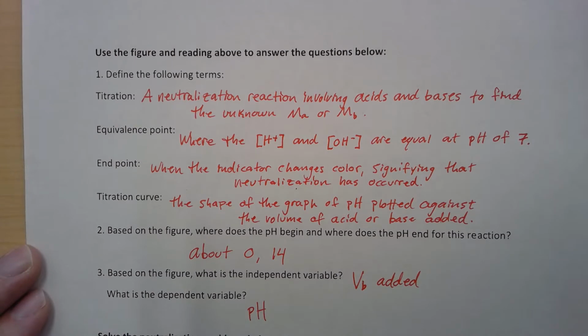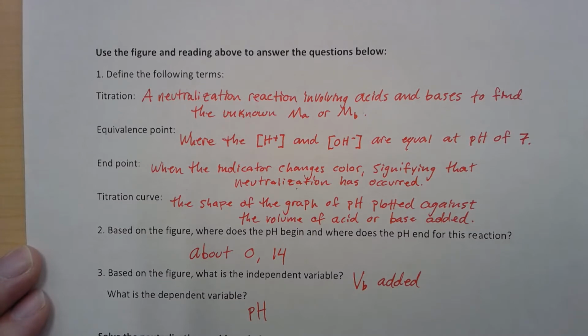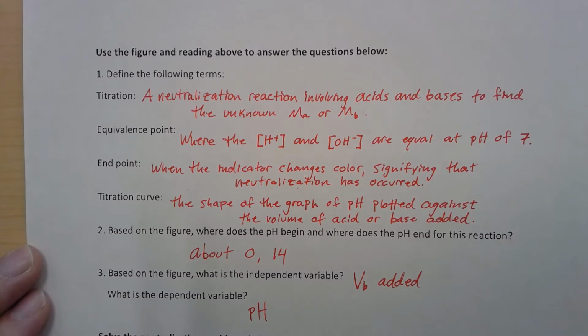It says use the figure and reading above to answer the questions below. Define the following terms. A titration is a neutralization reaction involving acids and bases to find the unknown Ma or Mb, so the molarity of acid or base.